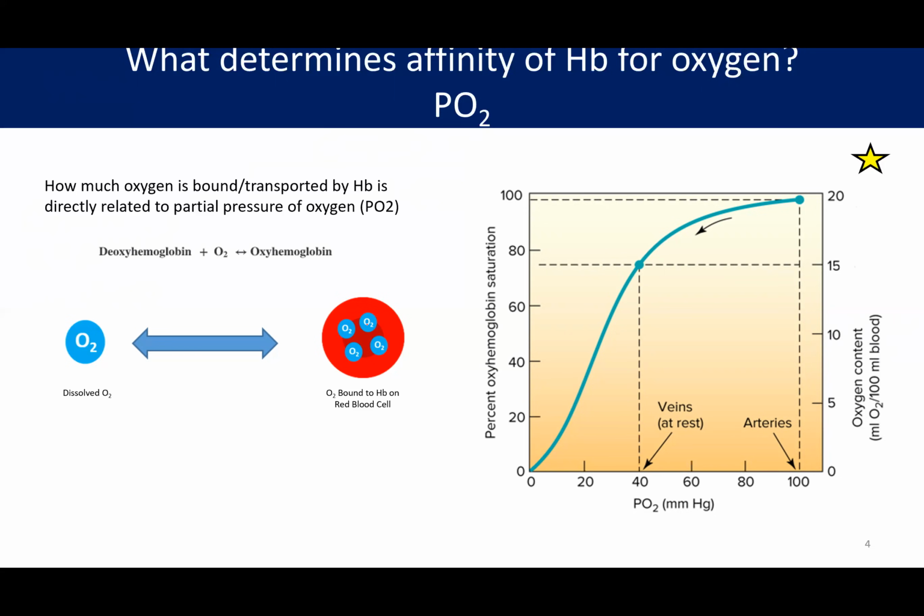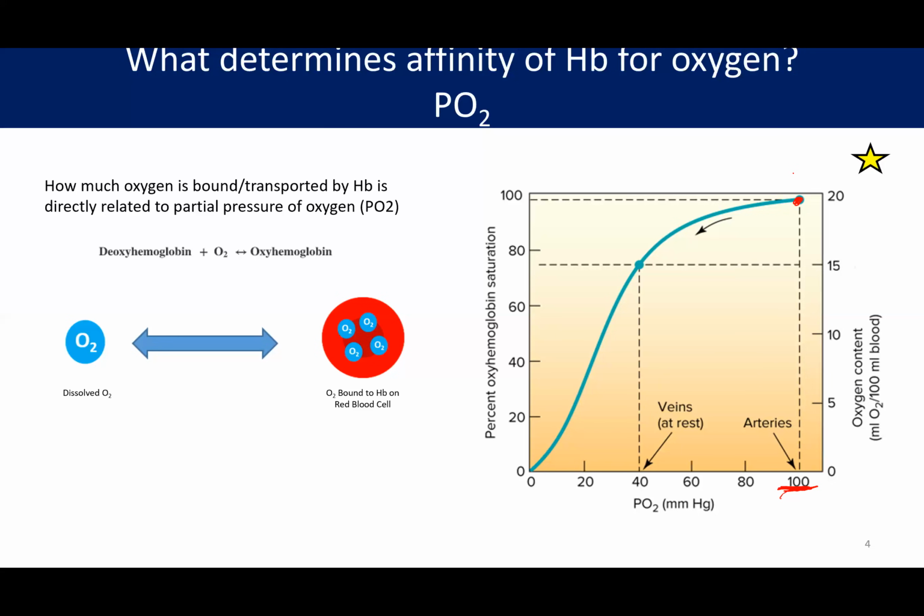In our arteries, if we were at sea level, San Diego, LA, hanging out on the beach, our partial pressure of oxygen in the arteries is going to be around 100 millimeters of mercury. With that pressure in the arteries, our hemoglobin will be about 100% saturated.